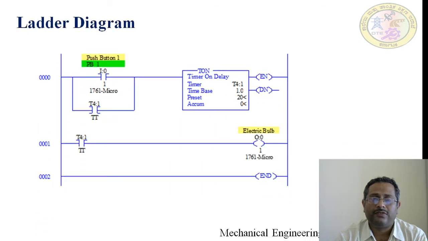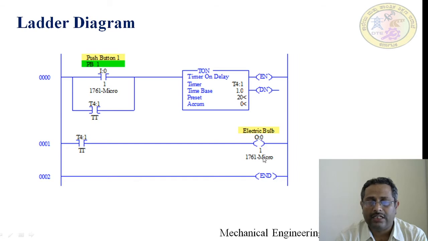This is the ladder diagram to switch on an output for 20 seconds, after which it is to be switched off. Our aim is to switch on a bulb for 20 seconds. After 20 seconds, the bulb should be off automatically. For that, we are using 1 input contact, a normally open contact, and 1 output, the coil.